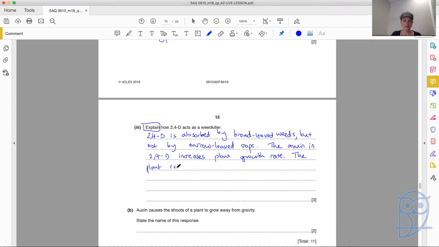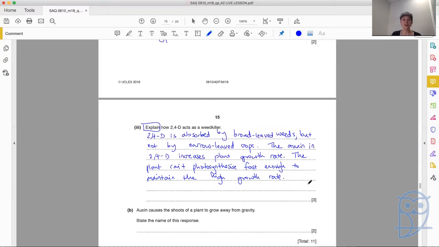The plant can't photosynthesize fast enough to maintain the high growth rate.